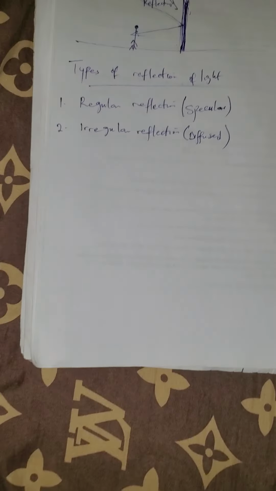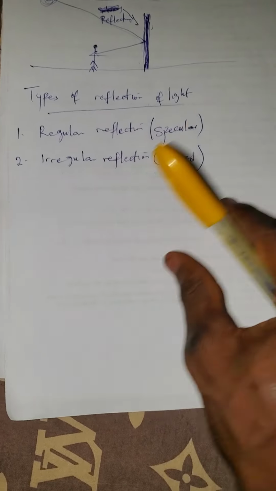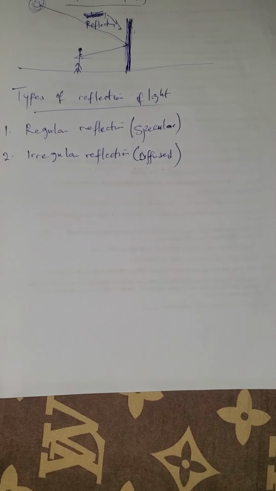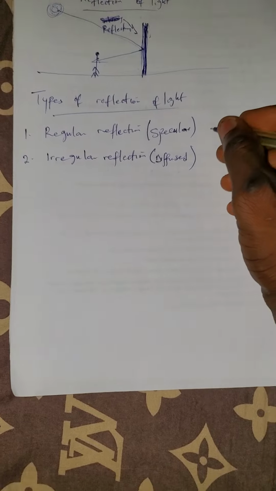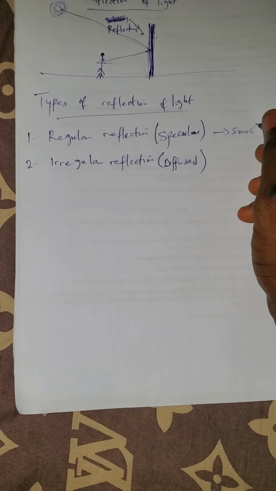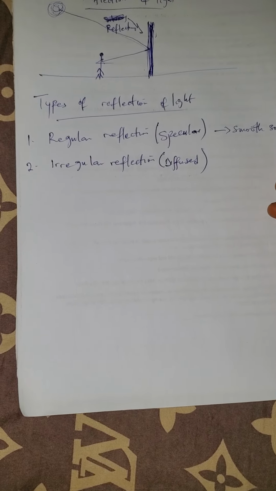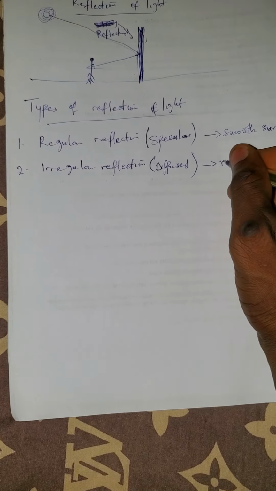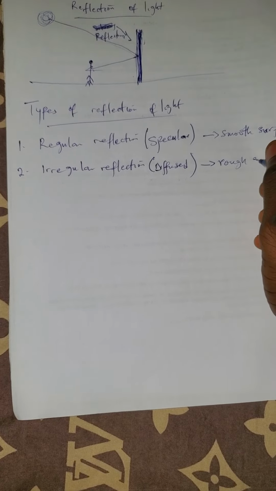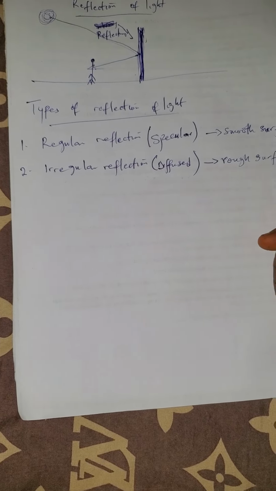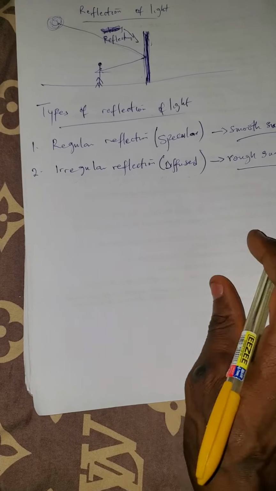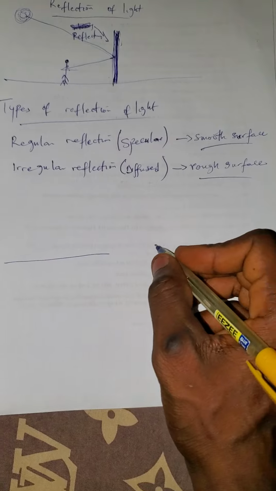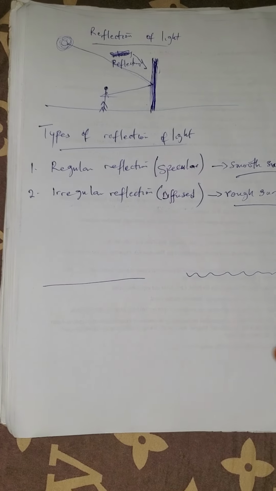Now, what's the difference between the two? Regular reflection occurs on a smooth surface, but irregular reflection occurs on a rough surface. That's the difference between the two. Now let me explain. You have a surface like this, and you have another surface like this.